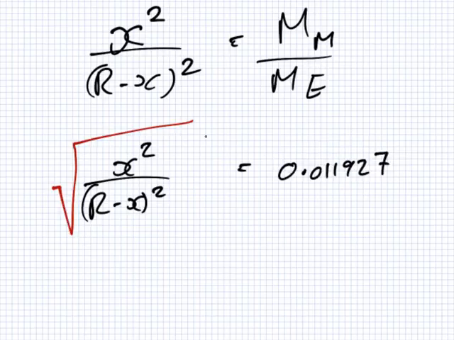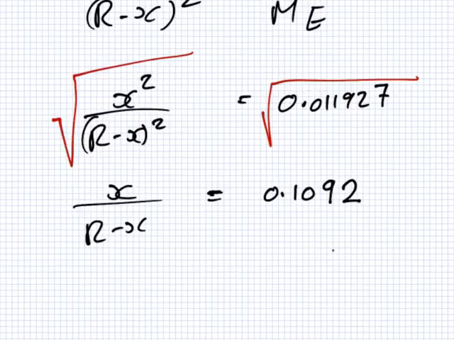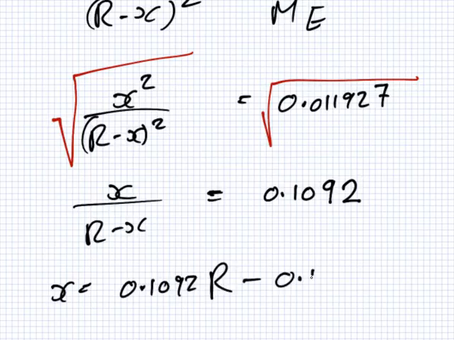What should I do next? Square root. So I get x over r minus x equals square root 0.011927, which is 0.1092. So x equals 0.1092 r minus 0.1092x.